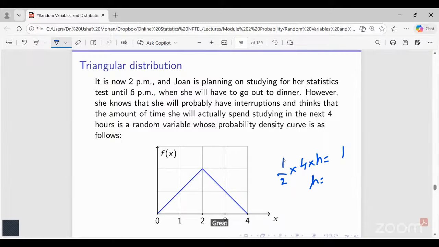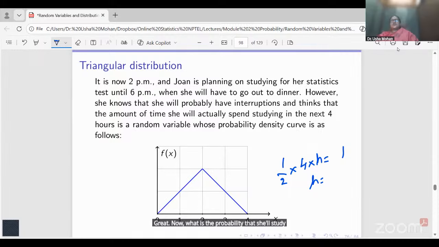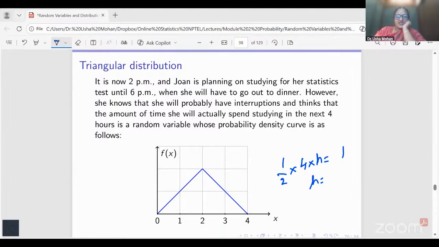Right. Now, what is the probability that she will study for more than 3 hours? It is this region.